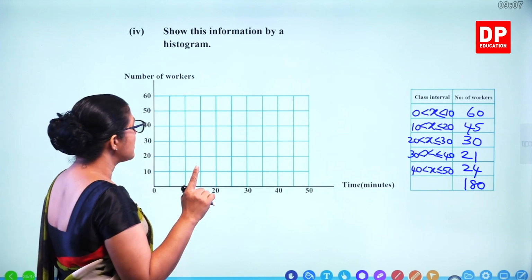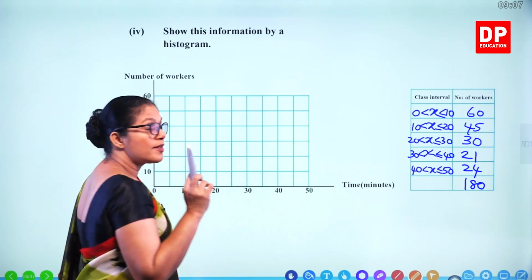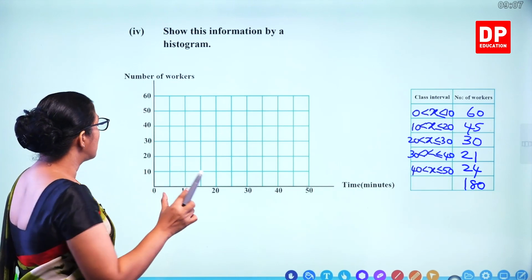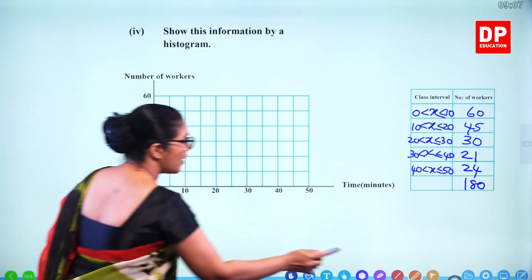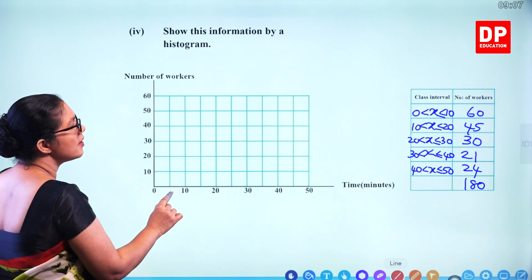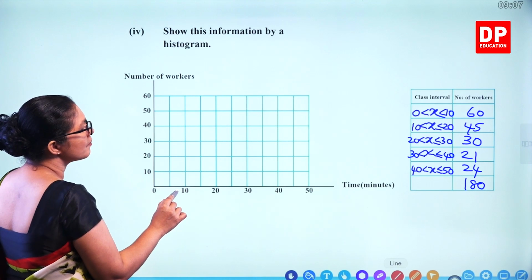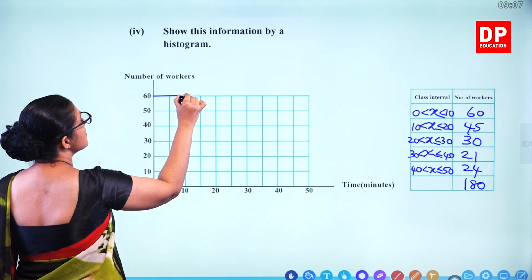Now the intervals are the same. The width is the same. So, same width for bars. So, how can we draw? 0 to 10, this one, 60. So, already given the value, so it's easy. 60.